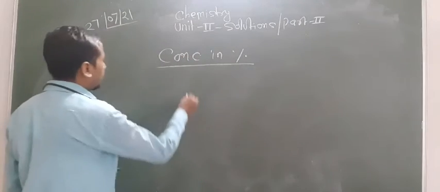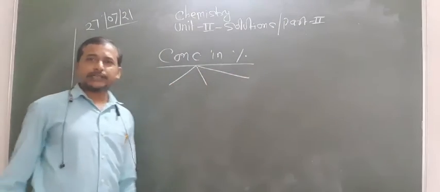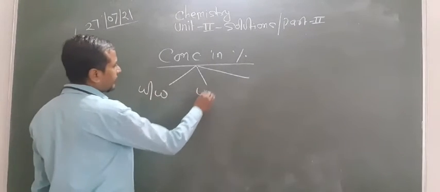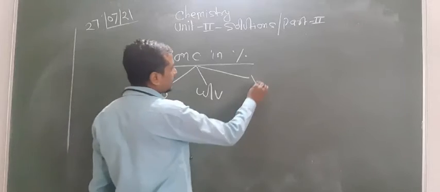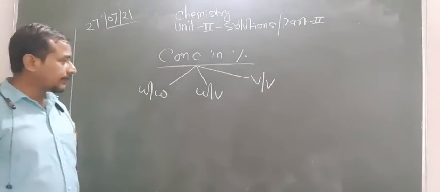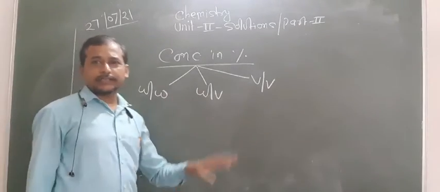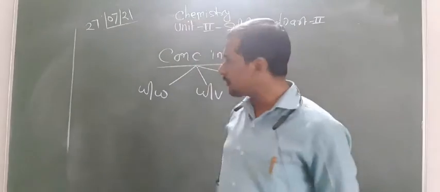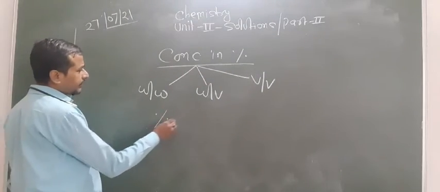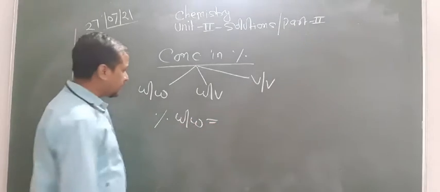The concentration in percentage is denoted basically in three types: one, weight by weight; two, weight by volume; and third, volume by volume. If nothing is given, in that condition we have to follow the weight by weight condition. So let us focus on the weight by weight percentage. How can you solve questions like this?